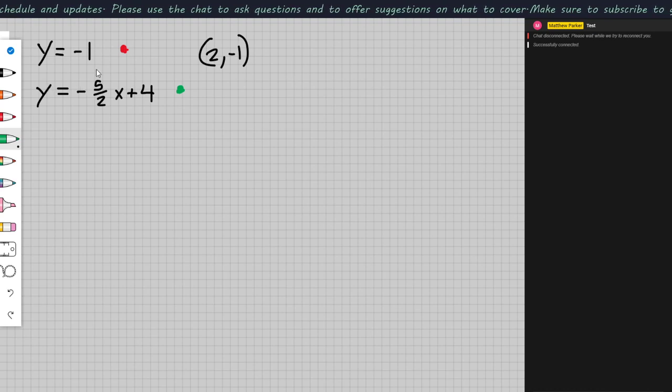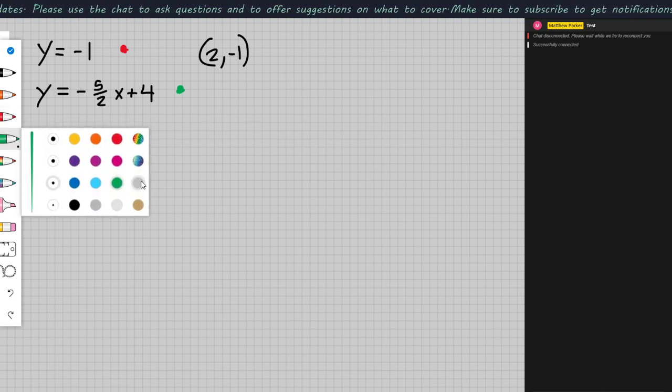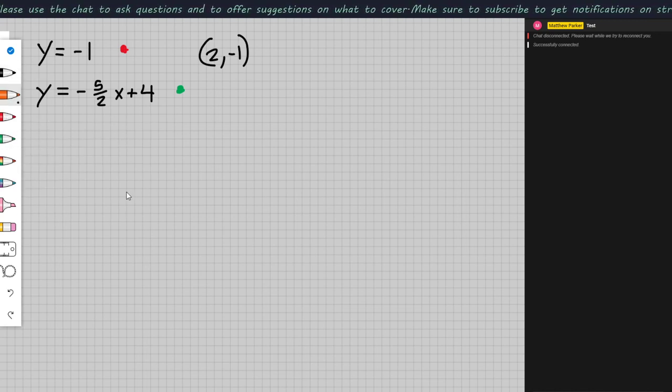So y is already -1. Let's solve this in orange. I'm gonna plug this in for the y. So -1 equals -1. I'm gonna plug in right here for y, -5 halves x plus 4.